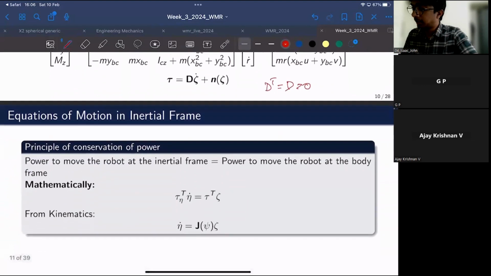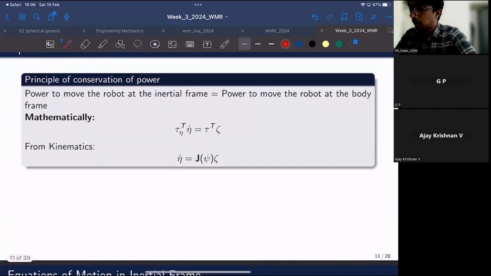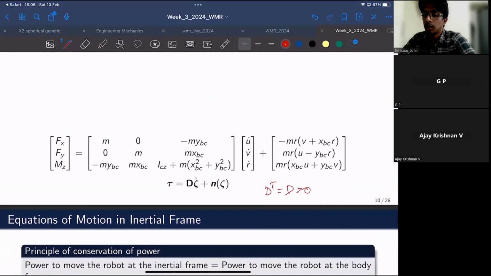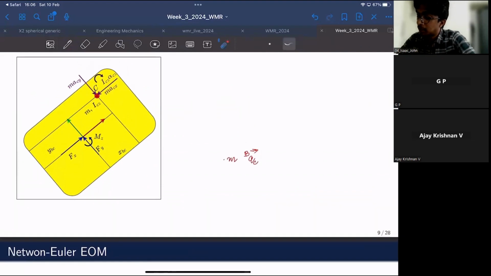Further, there is another thing that I would like to point out. We have so far defined this entire set of equations of motion in terms of the body frame of reference. If you recall this diagram, the forces acting along the x-axis Fx, this one Fy, and the moment about this axis, everything is represented with respect to the body frame of reference, which is rigidly attached to the chassis of the robot.